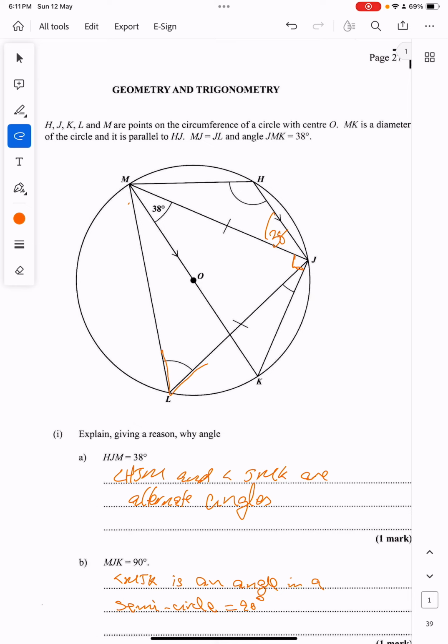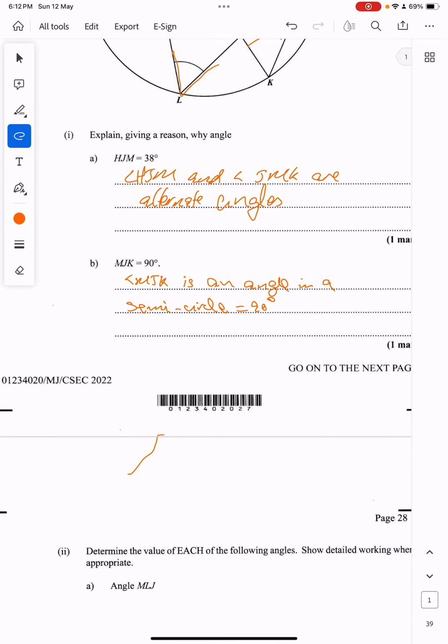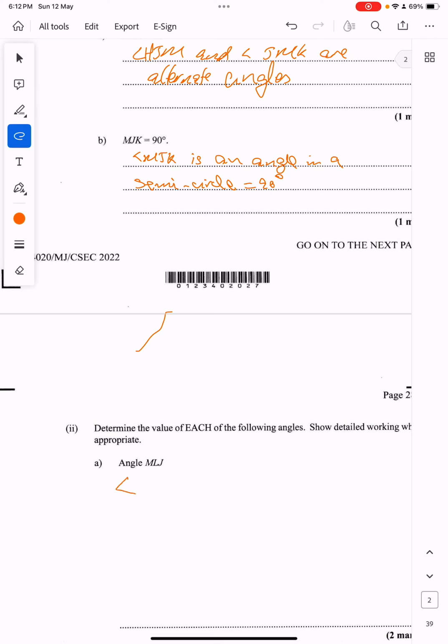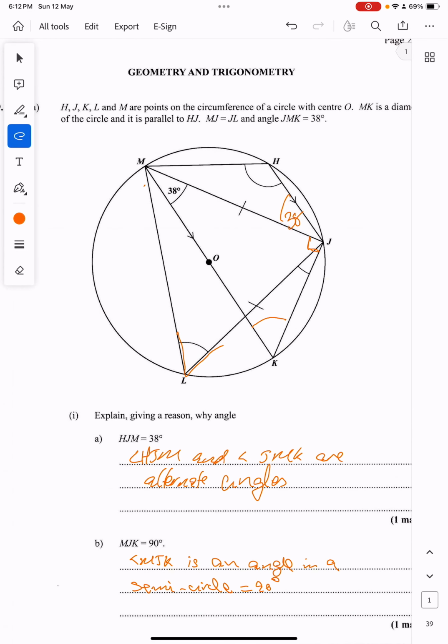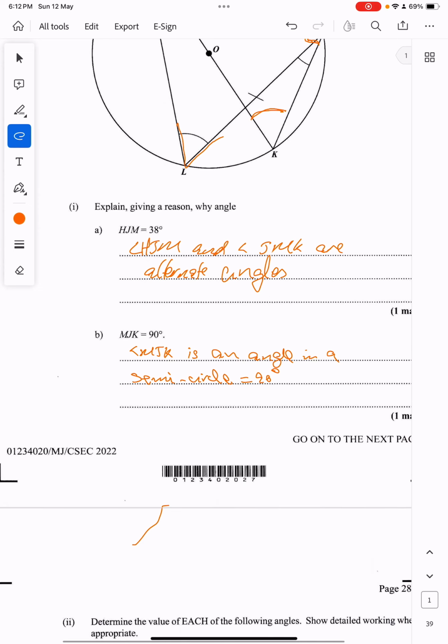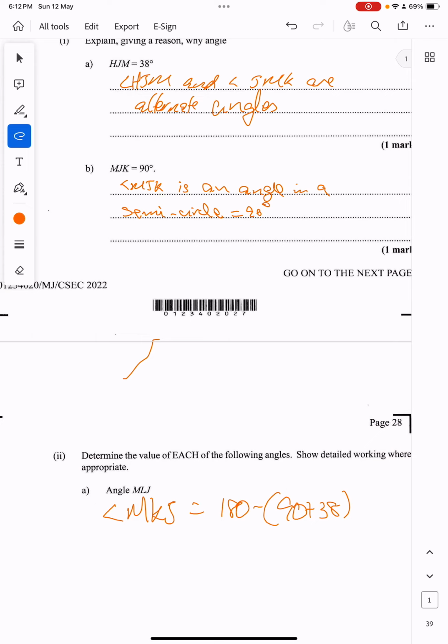To find angle MLG, we can first figure out angle MKG, which is here. We're going to start there. So angle MKG will be equal to 180 minus the sum of 90 plus 38, right? Because in this triangle MGK, we know 38, we know 90, so we can figure out the third angle. And this works out to be 52 degrees.